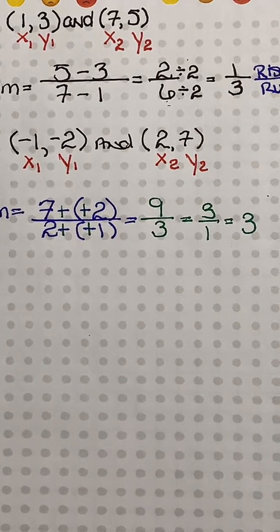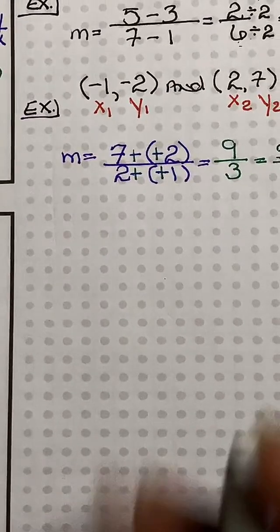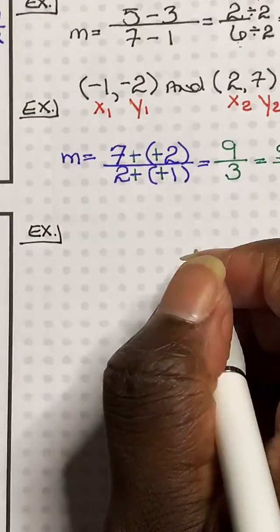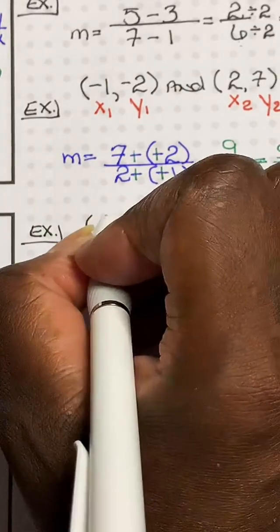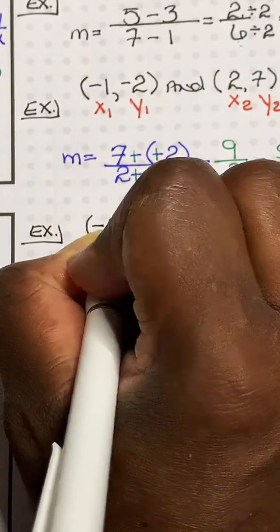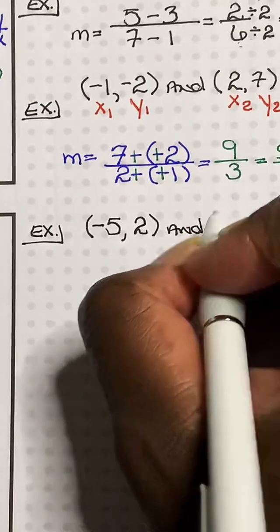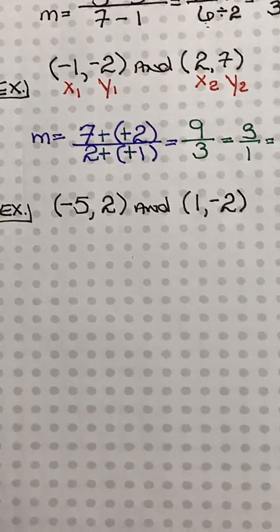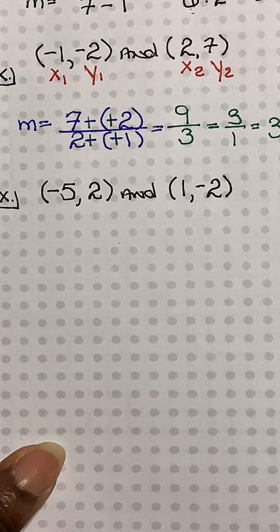All right. So let's try another one. Let's say, so we have -5, 2, and 1, negative 2.